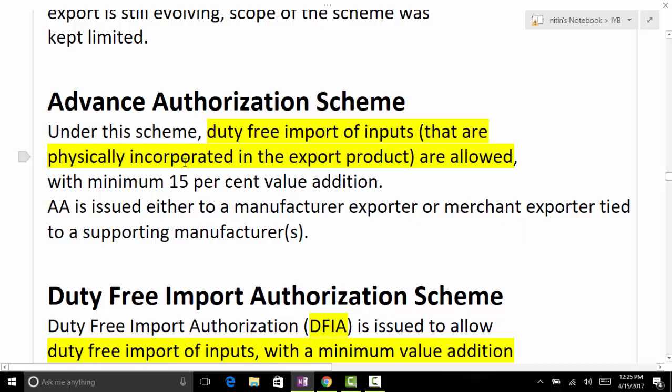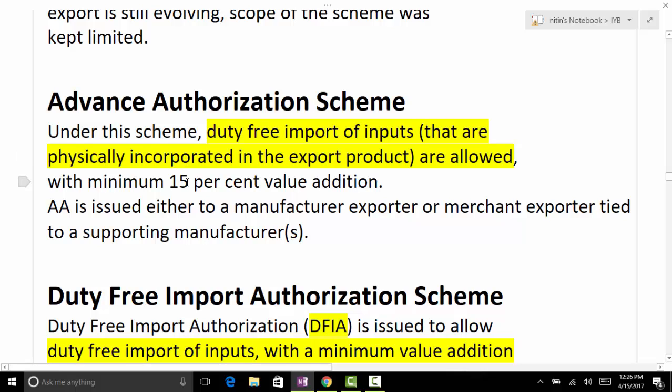Then advance authorization scheme. So what this scheme allows: duty-free import of certain inputs that are physically incorporated in the export product, because those inputs will be used in manufacturing the final product that is going to be exported.